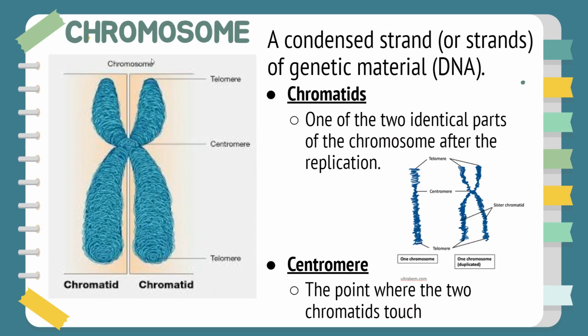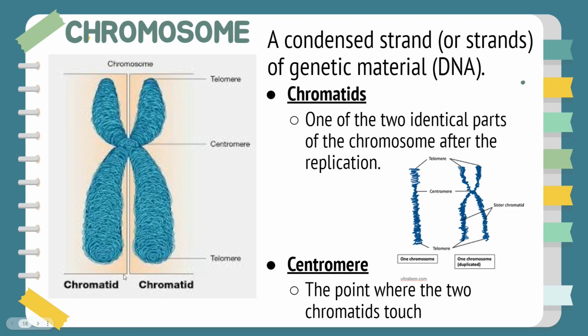A chromosome is a thread-like organized structure made of DNA and proteins found in the nucleus of a cell. It contains genes, which are segments of DNA that encode specific traits and functions, and chromosomes become visible under a microscope during cell division. Each chromosome is composed of two chromatids.